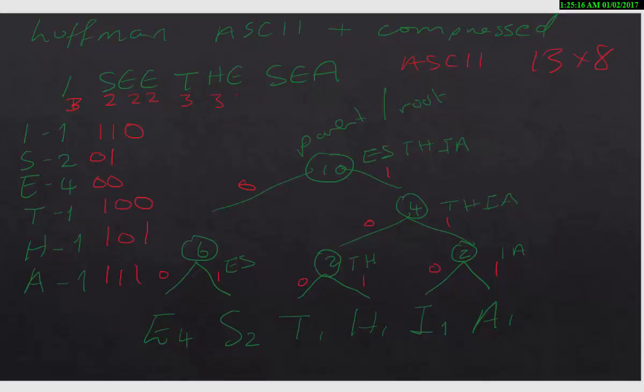E is represented using 2. S using 2. E using 2. And A using 4. Add those up. So that's 6, 7, 8, 9, 10, 11, 12, 13, 14, 15, 16, 17, 18, 19, 21, 25. So 25 bits instead of 13 times 8. So that's 80 plus 104. So it's about a quarter.